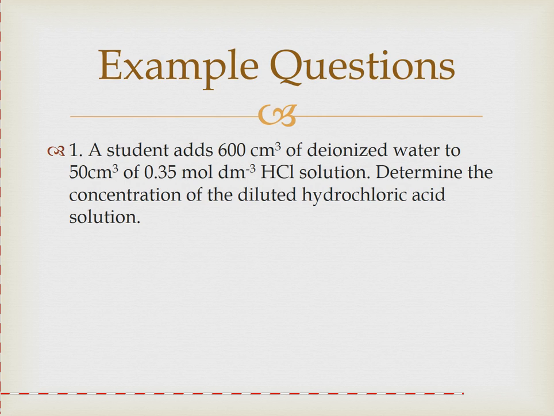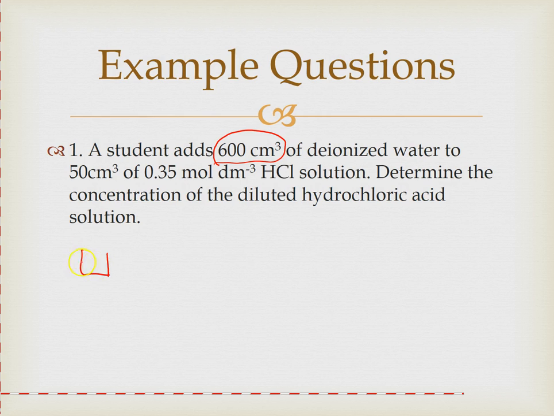Okay, so we'll notice here we need to look at the terminology, and we have 600 centimeters cubed of deionized water being added to 50 centimeters cubed of 0.35 mole per decimeter cubed HCl solution.